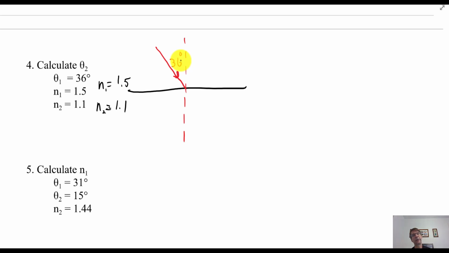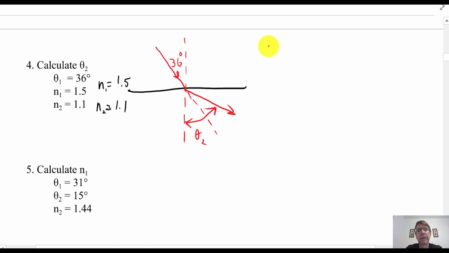I'm going from n sub 1, 1.5 to 1.1. So if I think about this, I usually don't draw that. I just kind of envision that. But my bend is right here. That ray, when it goes in, has to bend away from the normal because I'm going into something that's less dense. So in other words, theta 2 has to be more than 36.